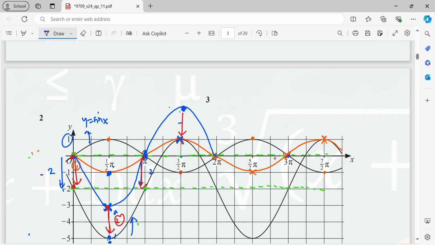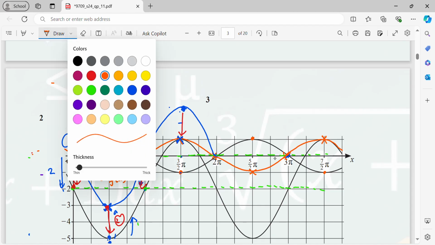Initially, I forgot the very first transformation. You see, this is your original graph. Now you have reflected in the x-axis. When reflected, this becomes minus sin x. If this is your y equals f(x), here it is already minus f(x).